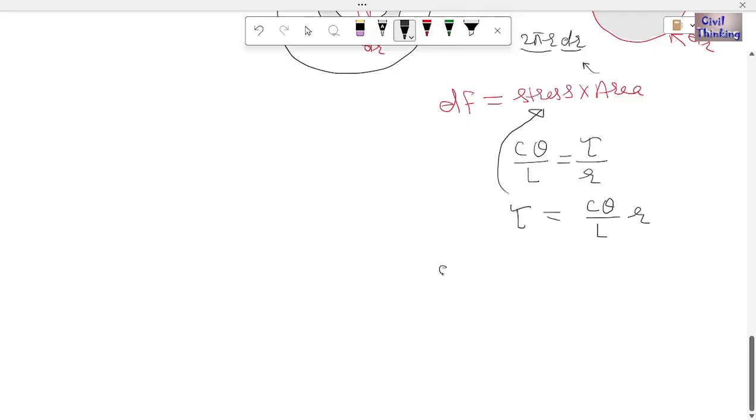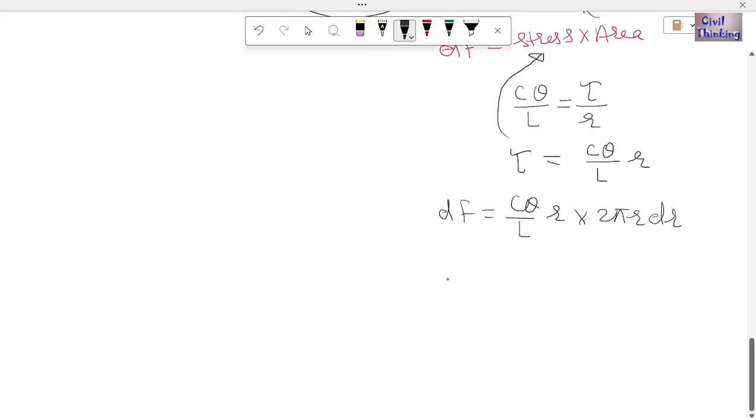So I can write dF is equal to C theta by L times r times 2 pi r dr, or simplified, C theta by L times 2 pi r square dr.